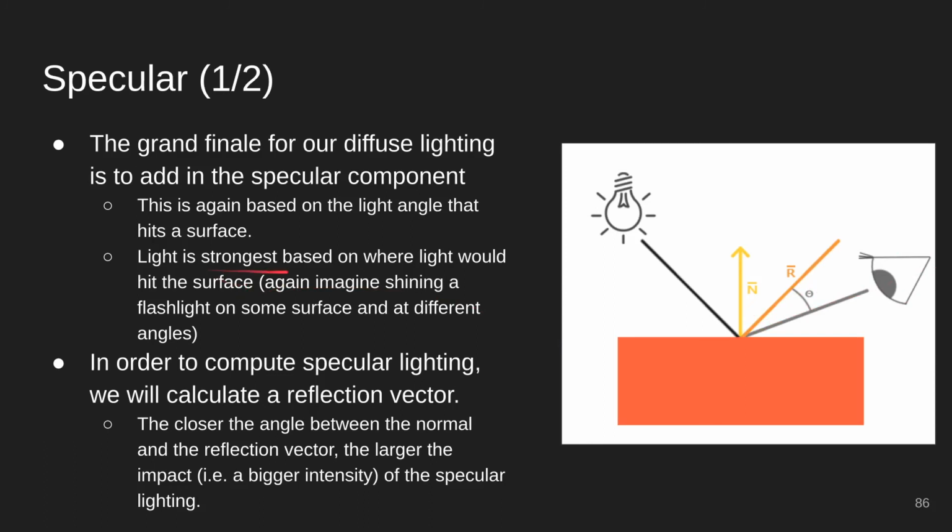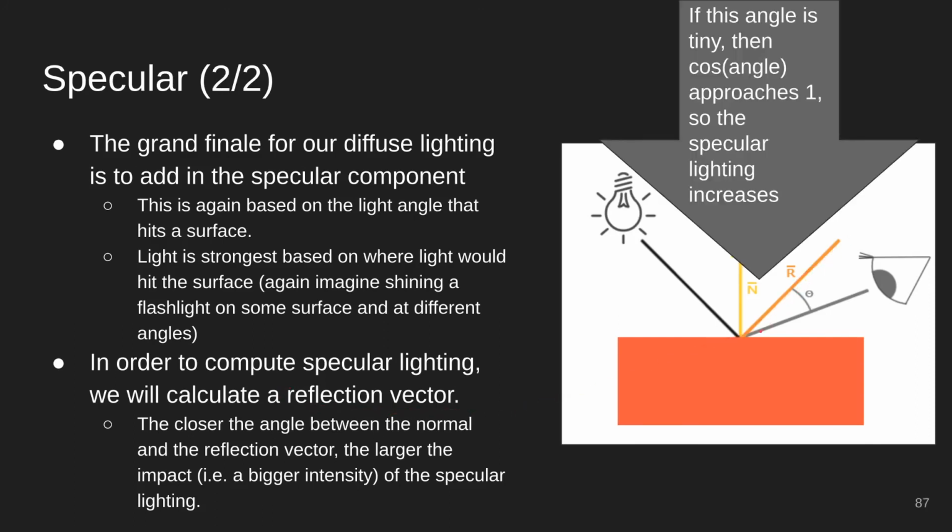Okay, so light again is strongest based on where the light would hit the surface. Again, imagine shining a flashlight against some surface at different angles. And we need this reflection vector here. We have a handy GLSL function to do that for us. If this angle is tiny and approaches 1, the specular light increases.